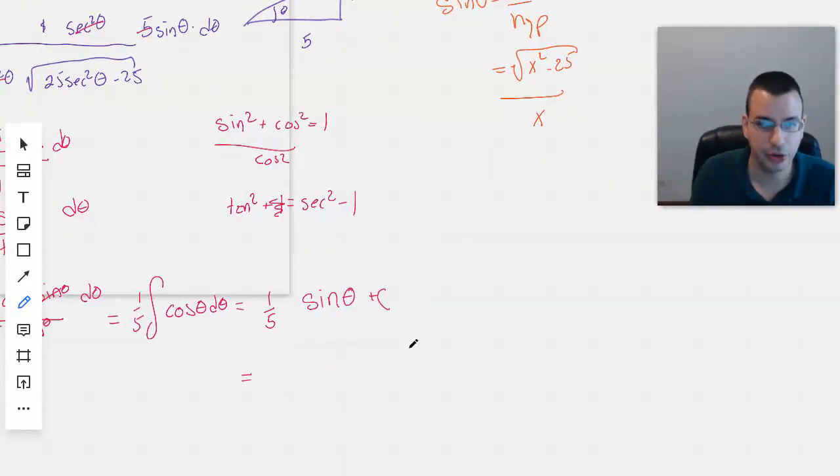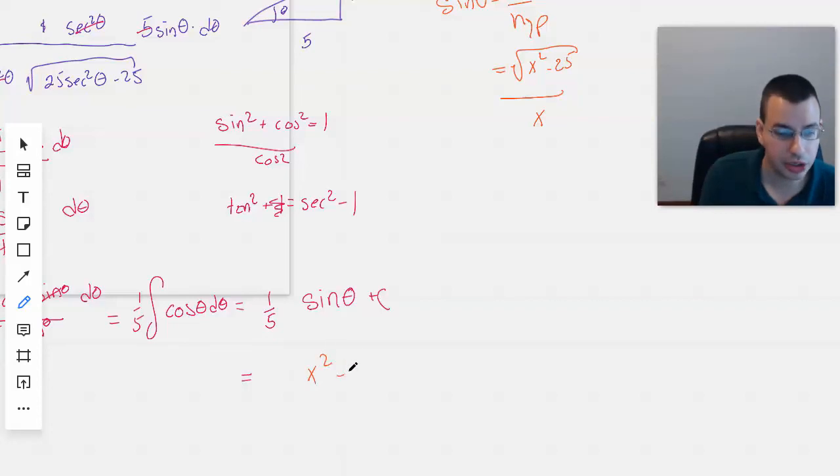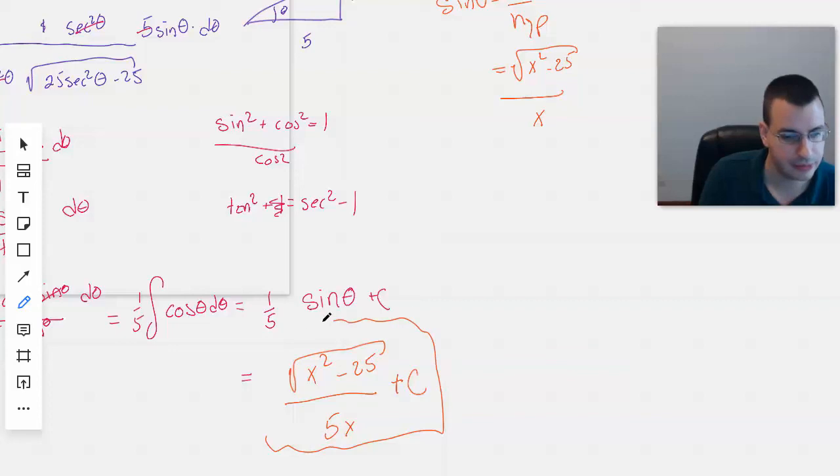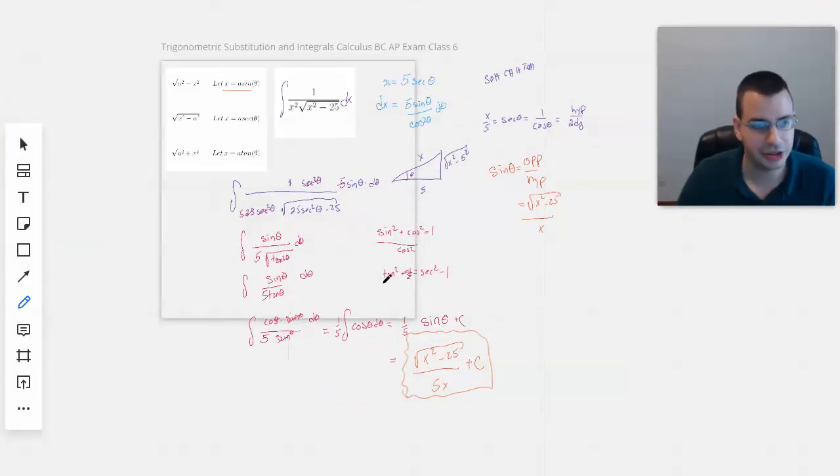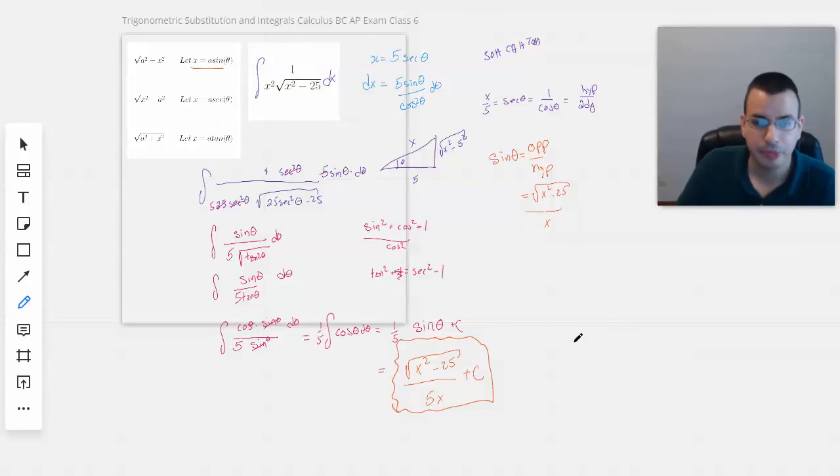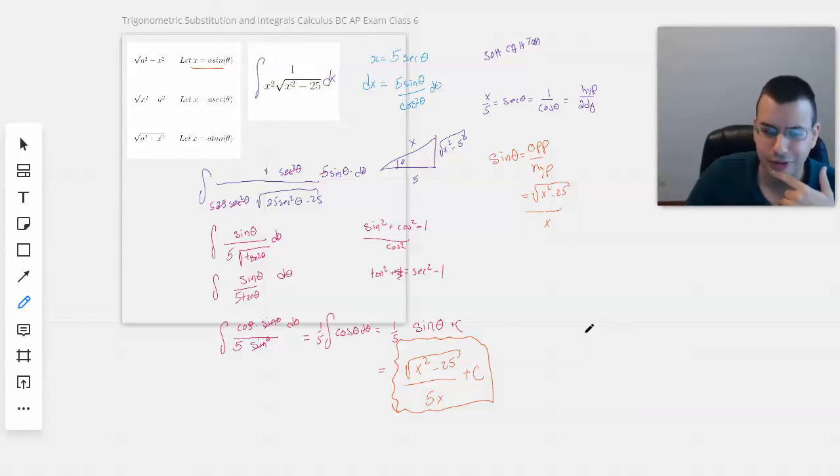Equals square root of x squared minus 25 over 5x plus c. Yeah, that was much easier than the first one. That actually worked out fairly well. Good for us.